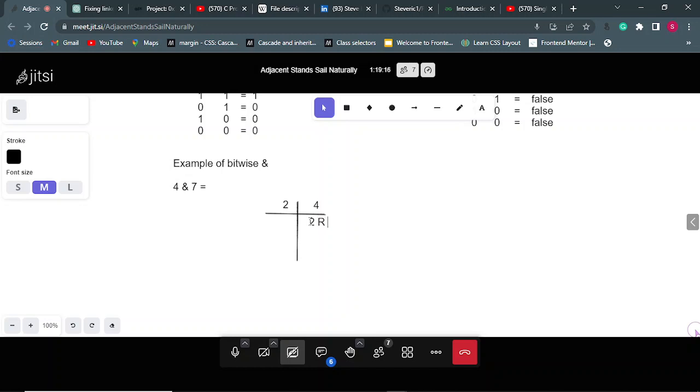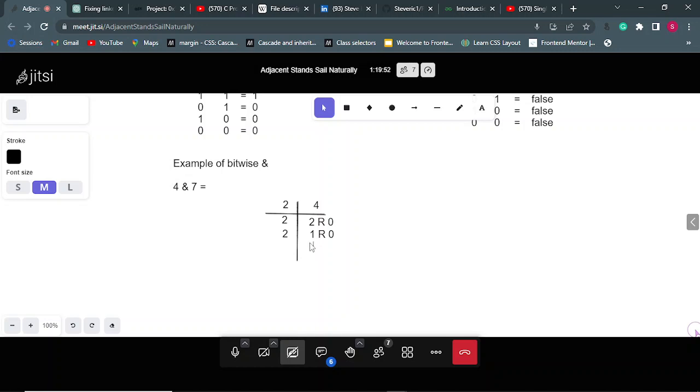Remainder 0, right? Now the second thing here: 2 in 2 will give me what? 1, remainder is 0, right? Now 2 in 1 will give me what? 0, right?